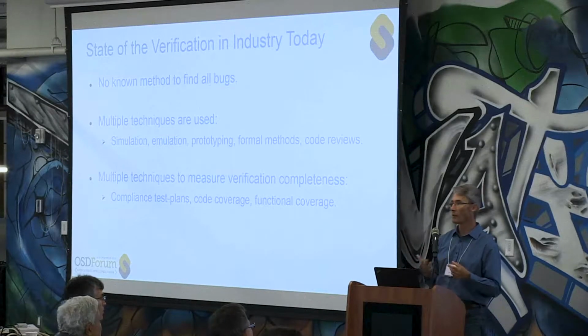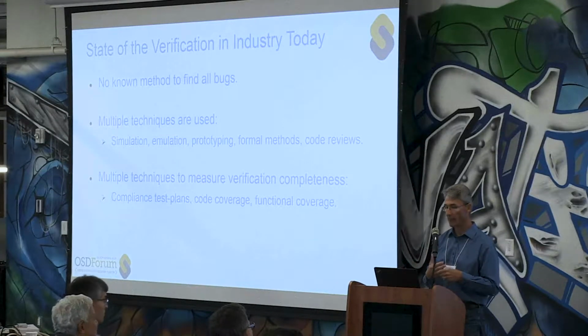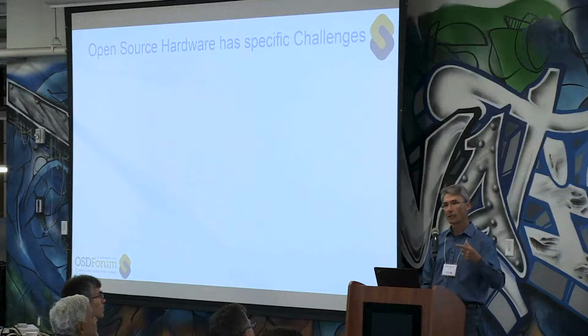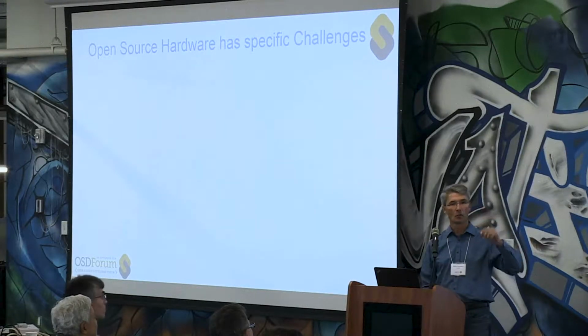Code coverage is very, very popular, and a thing that's big with me is functional coverage. So these are the kinds of things that we use to measure completeness, understanding, of course, that we can never get to 100%.